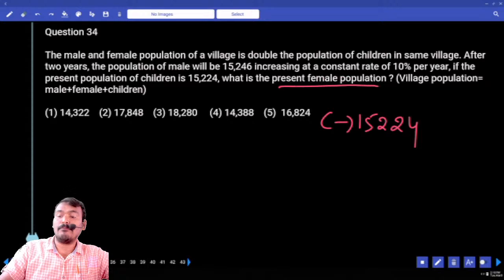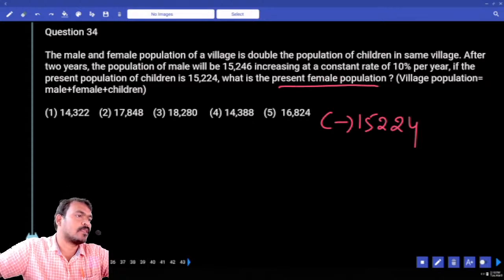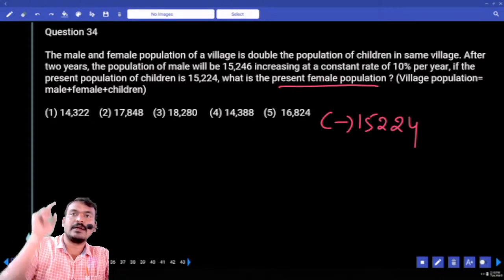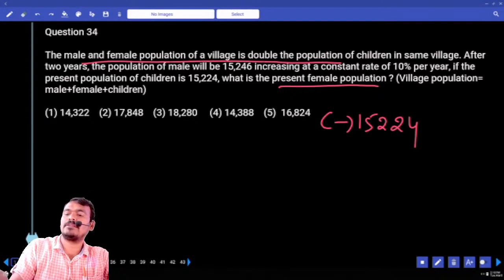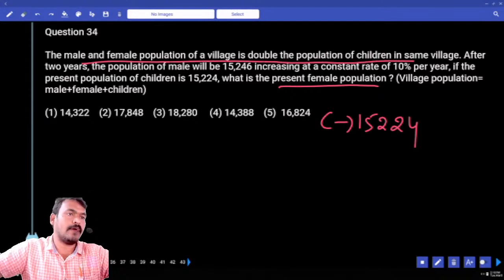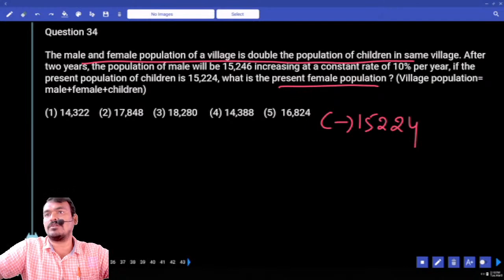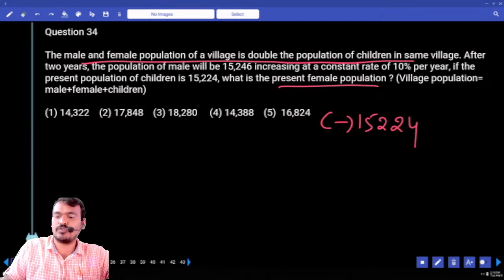What is the present female population? What is the first condition? Male and female population is double which one? The children value, or not? Already the children value is 15,224.